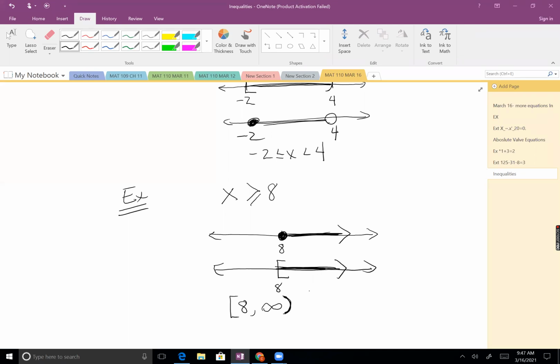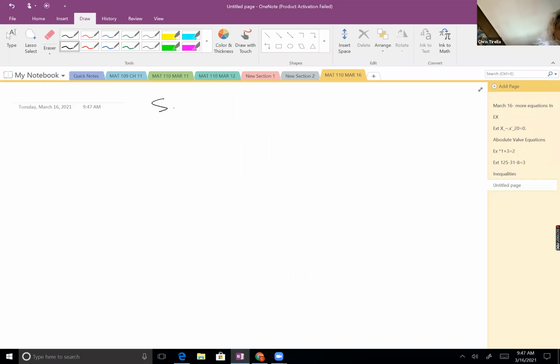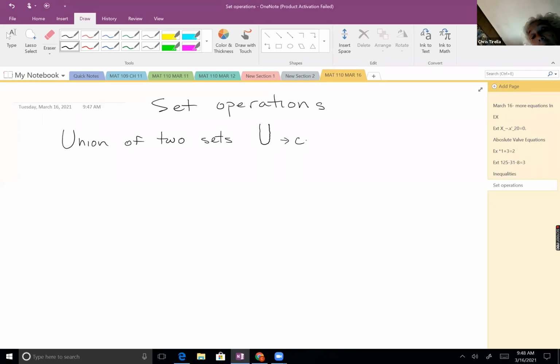I vaguely remember. Okay. Then beyond the interval notation, we also talked about set operations. We had the union of two sets. The symbol was like a very stretched out block uppercase U, and it combined all the elements from both sets.